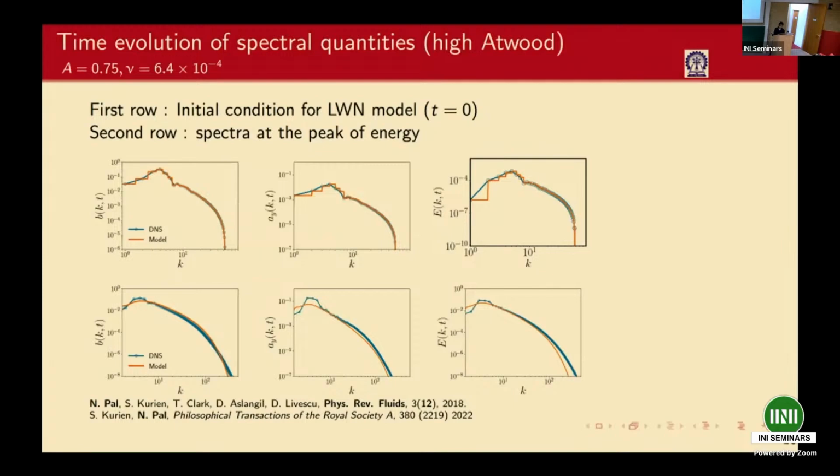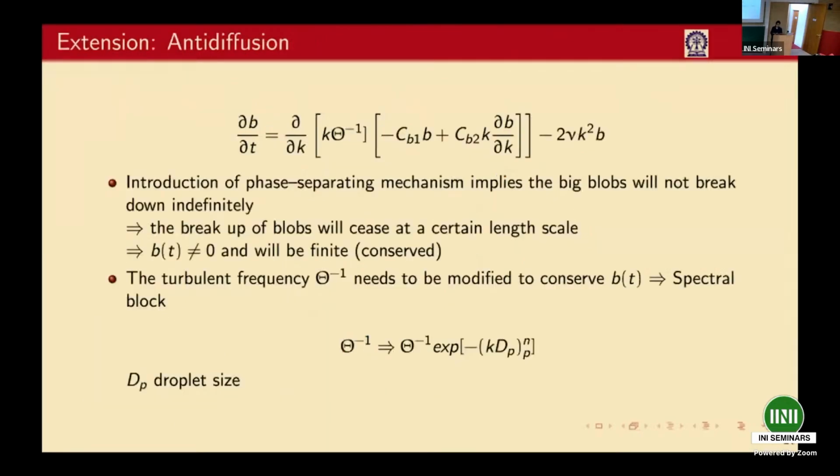Yeah, so the orange is the model, and the blue is the solid green. There is quite good agreement between the two for a high Atwood number. Okay, so this is not so much related to anti-diffusion, but we were working on something where you can stop the mixing at some length scale.